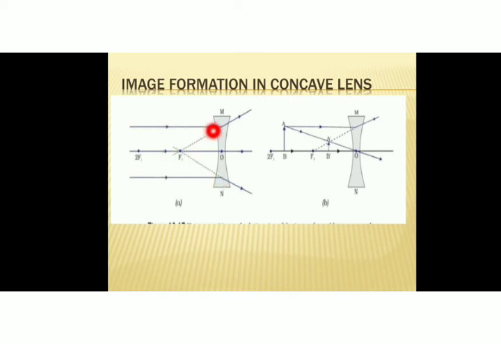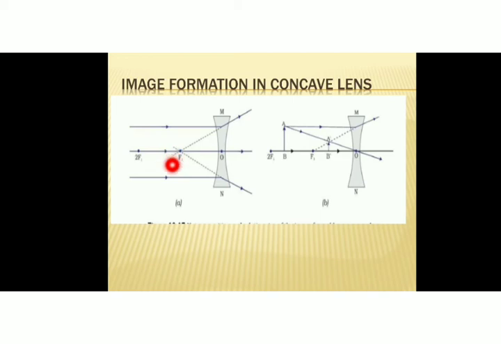This ray, as per the first rule, after refraction will diverge and it appears to pass through focus f1. Here also this ray, due to refraction, will bend, and since it is a diverging lens, the refracted ray will be diverged and appear to pass through the focus like this. Both the dotted lines intersect at f1.